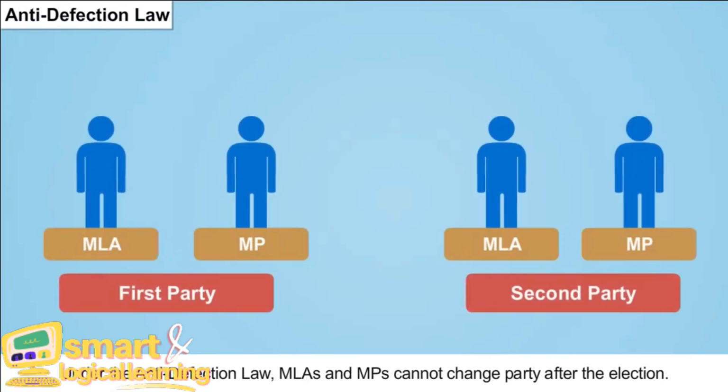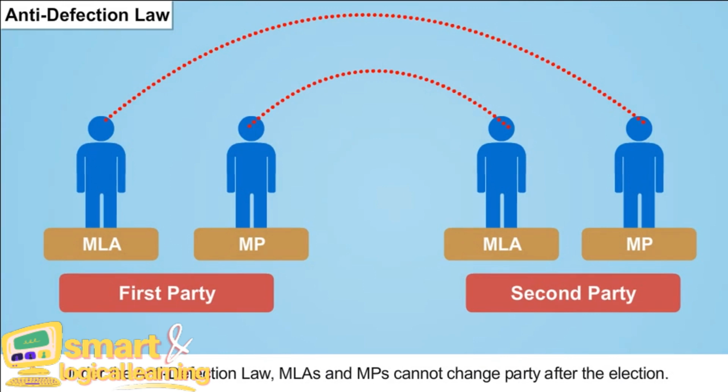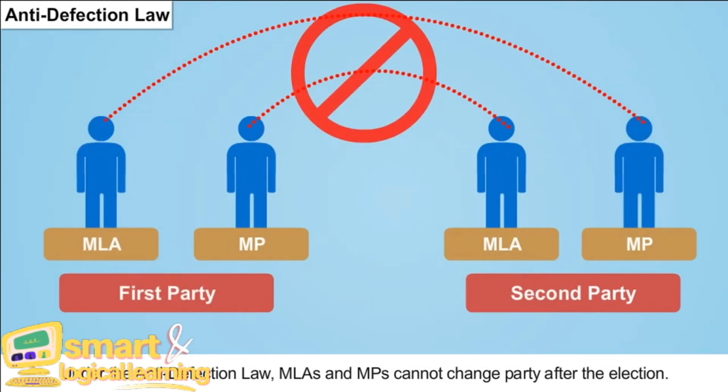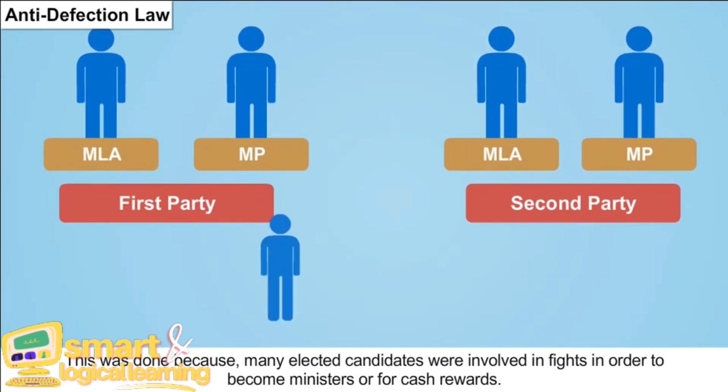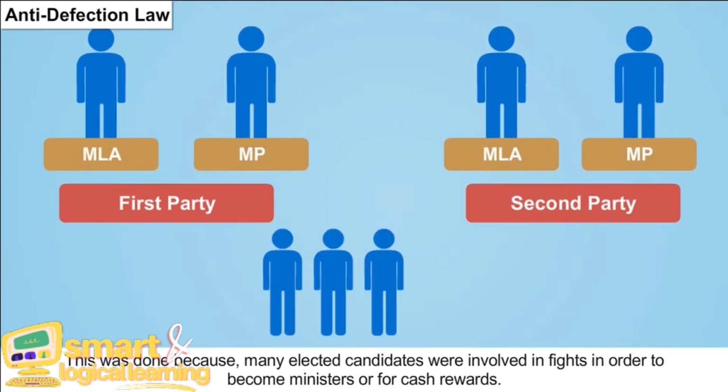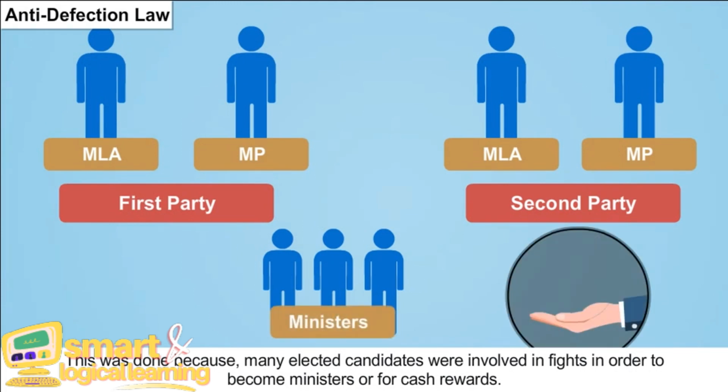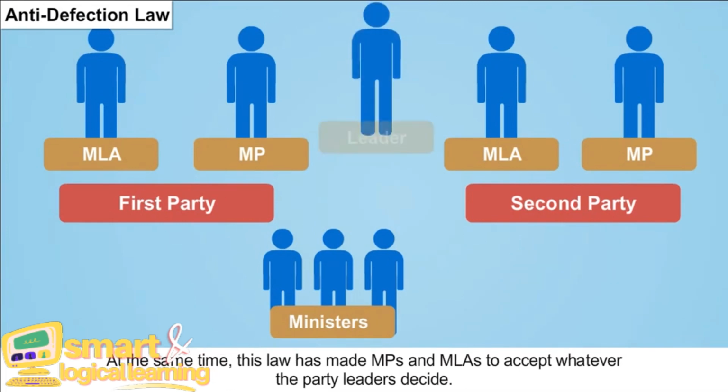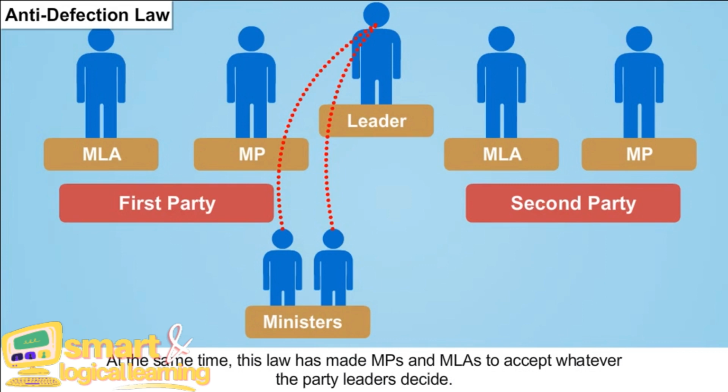Under the anti-defection law, MLAs and MPs cannot change party after the election. This was done because many elected candidates were involved in fights in order to become ministers or for cash rewards. At the same time, this law has made MPs and MLAs accept whatever the party leaders decide.